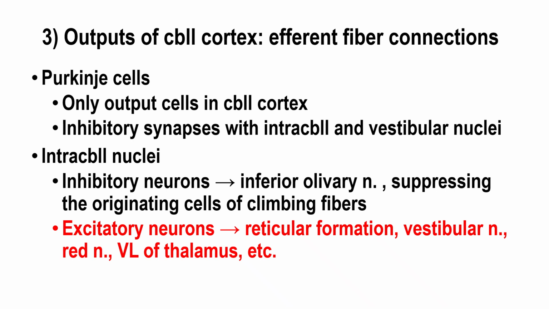The intracerebellar nuclei contain both excitatory and inhibitory neurons. The inhibitory neurons primarily project to the inferior olivary nucleus, suppressing the activity of the originating cells of climbing fibers.